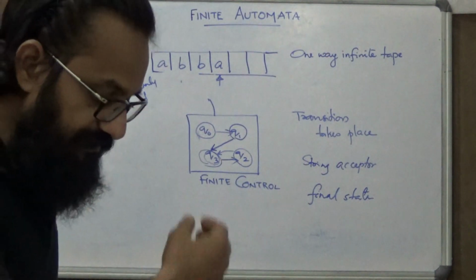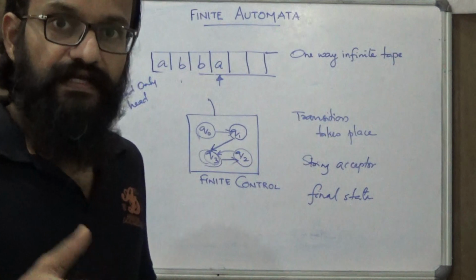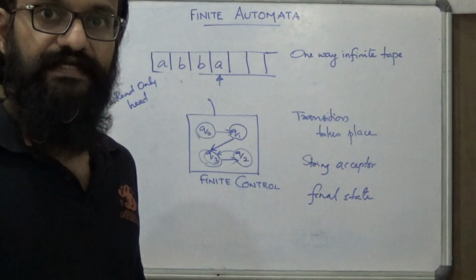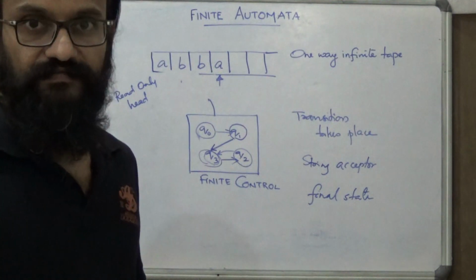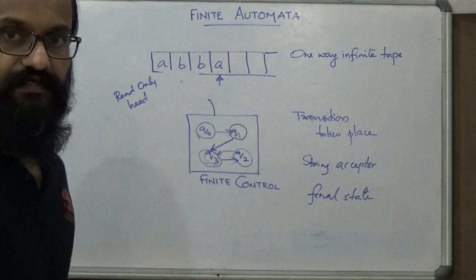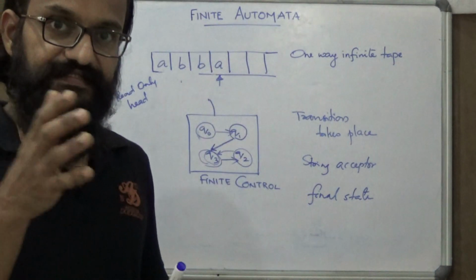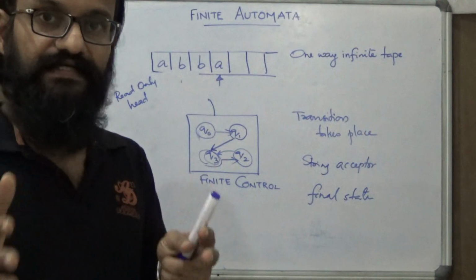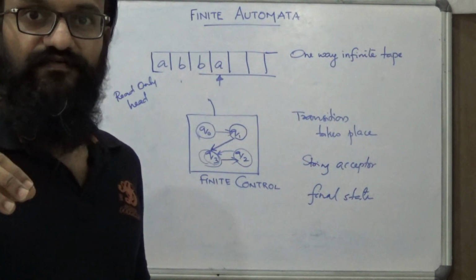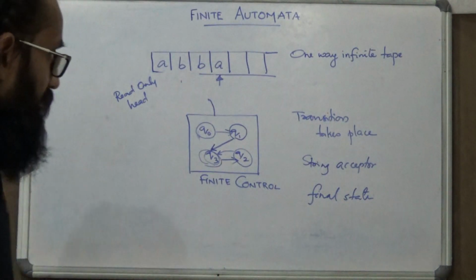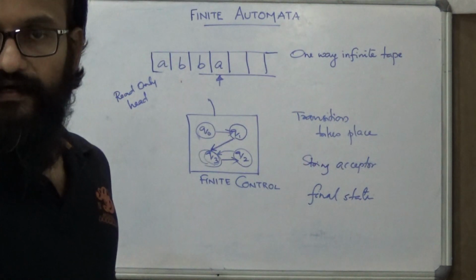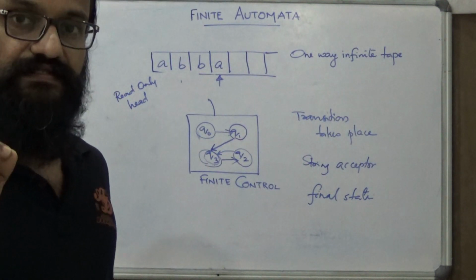So from this itself, it is clear that you can categorize states into final states and non-final states. As I said, there will be a finite set of states, and this finite set of states can be partitioned into non-final states and final states. And again, there exists one unique state that acts as the starting state.